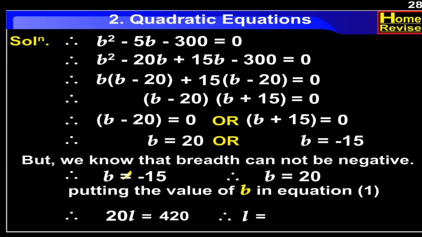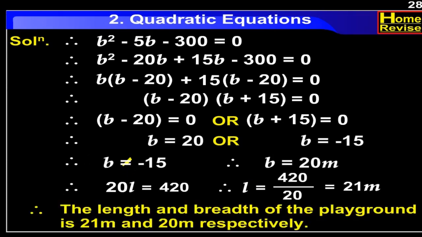Therefore, L is equal to 420 divided by 20, which is equal to 21 meters. Thus, the length and breadth of the playground are 21 meters and 20 meters respectively.